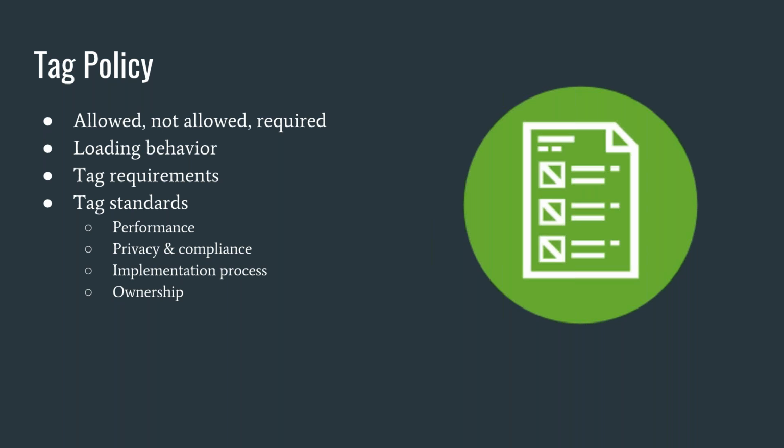Is it okay to be piggybacked off of a certain platform, because we have a data sharing agreement in place and we know exactly how that information is being used? Versus for a particular tag, is it not allowed to be loading in a certain way on the site, while it is allowed to be loading in some other way? We need to define that.